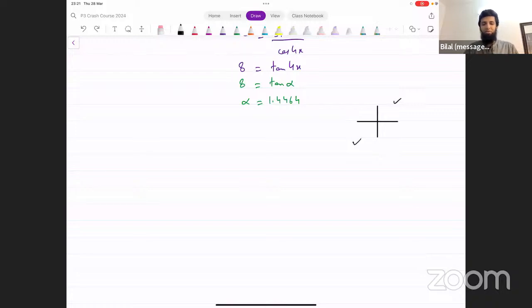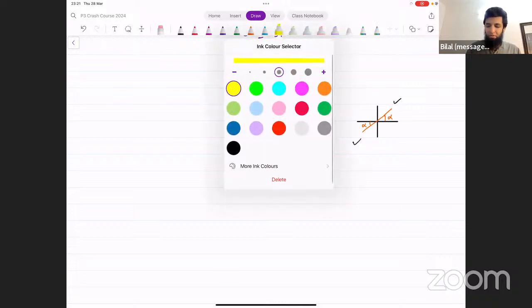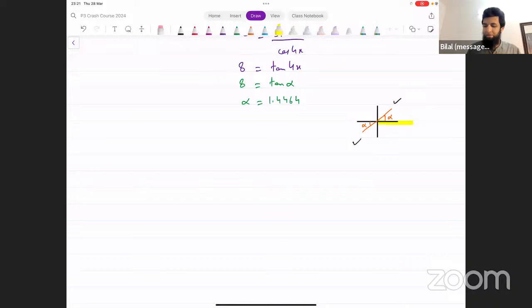So we could either be in the first quadrant or in the third quadrant. Now, the basic angle could either be here or it could be here. These are the two possible basic angles that we could have, either in the first quadrant or in the third quadrant. Now, where do we start measuring angles from? The positive x-axis, right?